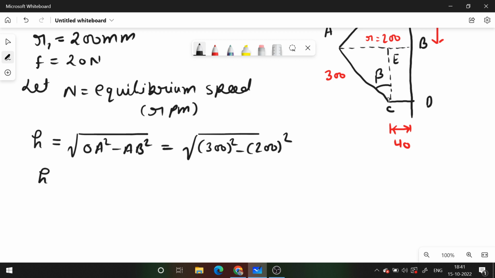Now calculating this, H will be equal to 224 mm. Height of the governor will be 224 mm, or say H will be 0.224 meters. Clear?